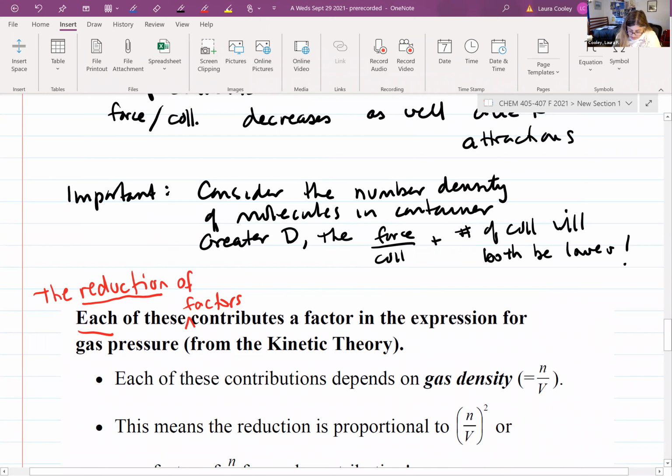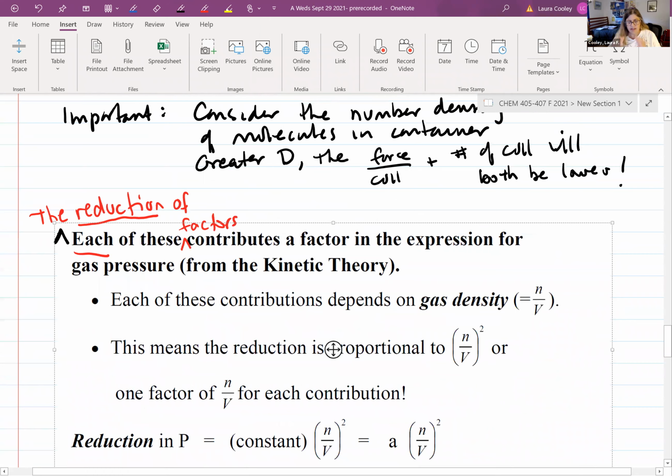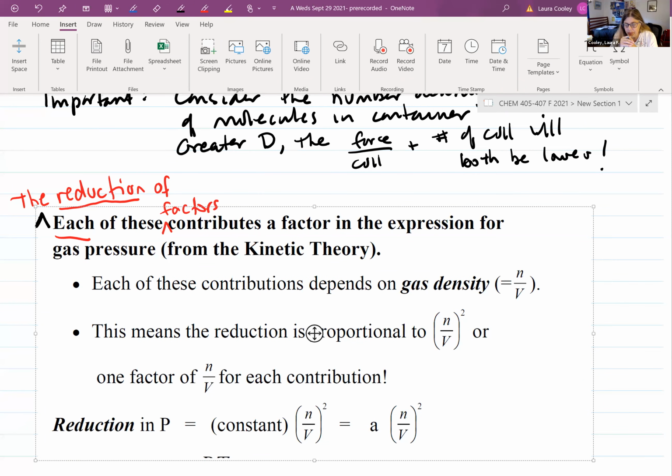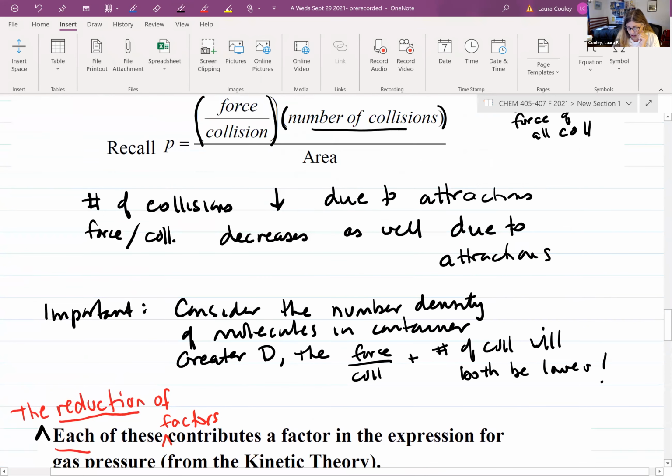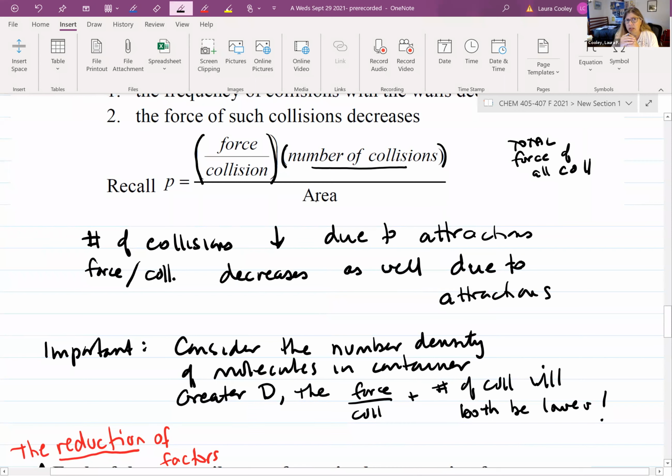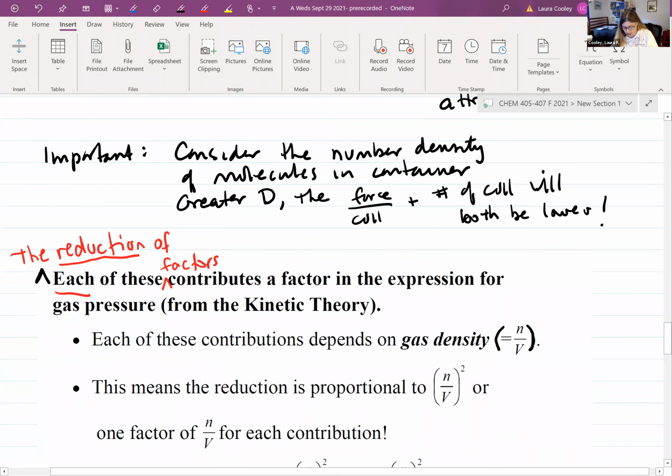So I guess I would say that this is the reduction of each factor. Since each depends on the number density, the reduction of each factor is going to depend on the number density. And the number density is just the moles over the volume. I'm trying to make a very simple argument here that each of these factors depends on the number density.